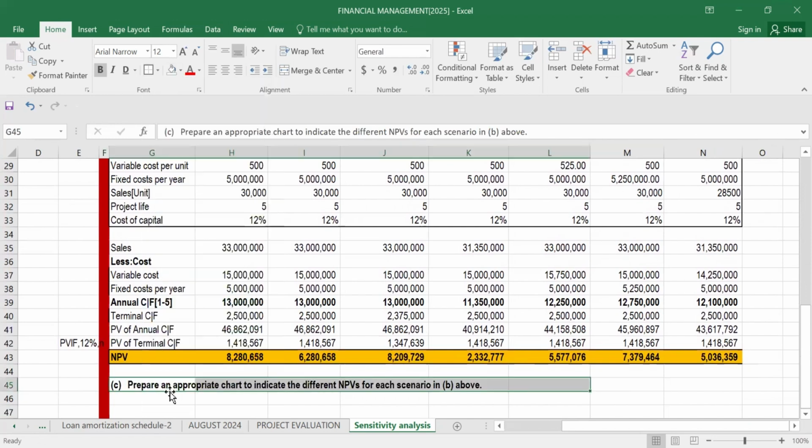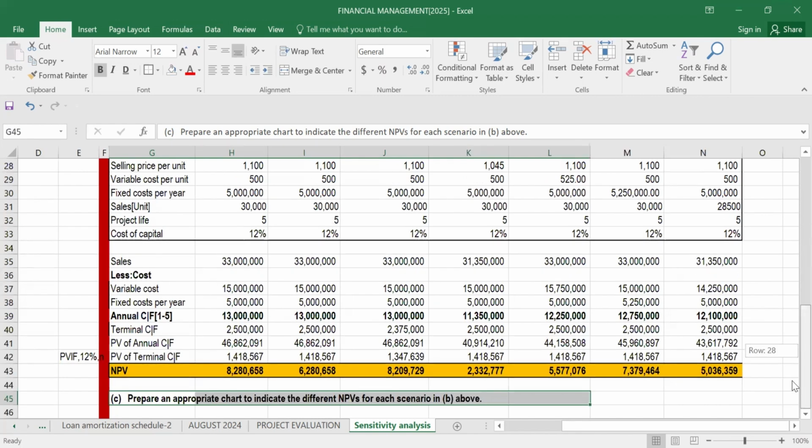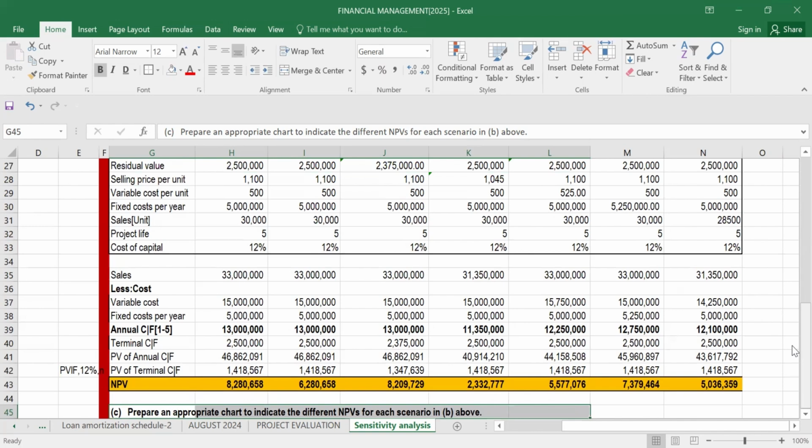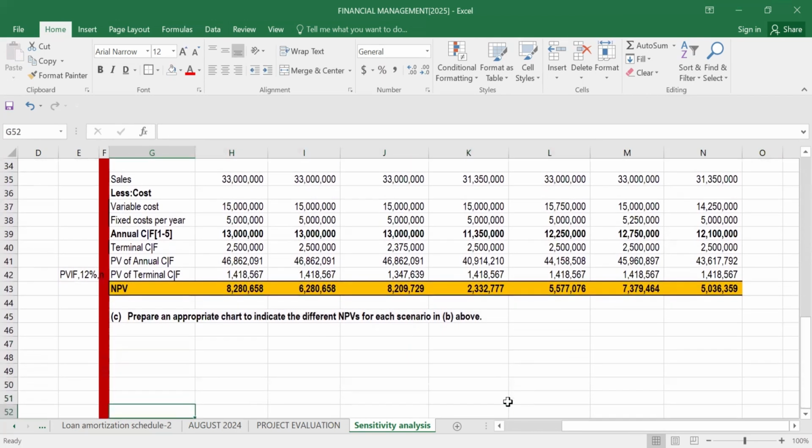So for us to come up with a chart, the first thing we must have here is a dashboard, basically a summary of the NPVs under the different scenarios.